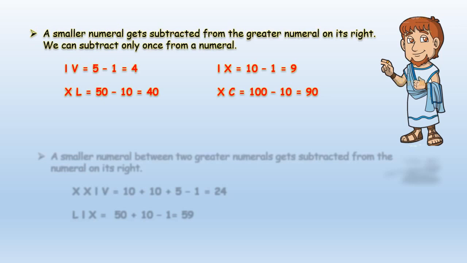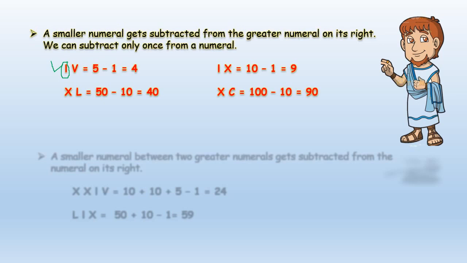That means if the smaller number is on the left side of the bigger number. So what are the two numbers here? You can see, children, 5 and 1. Yes, and which is the smaller number? 1 is the smaller number. And it is on which side? It is on the left side.